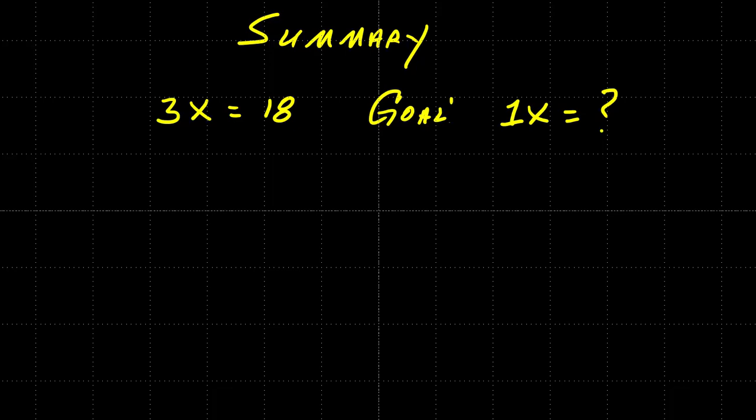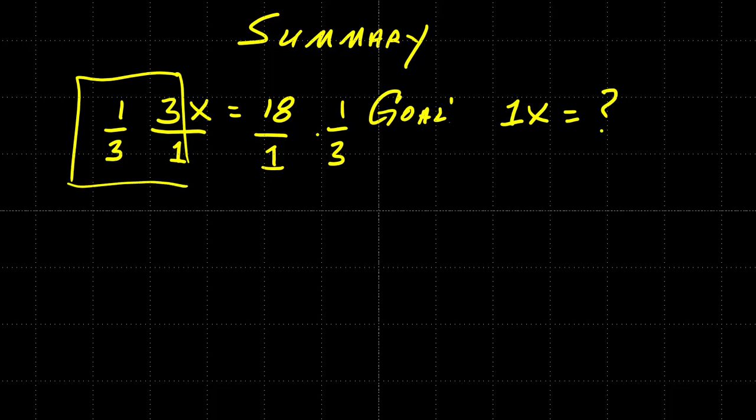And to change this 3 into a 1, we use the multiplicative inverse. I personally always make everything into a rational number by putting a 1 in the denominator. And then I multiply that 3 over 1 by 1 over 3. That's the multiplicative inverse. We have to multiply both sides by 1 over 3.